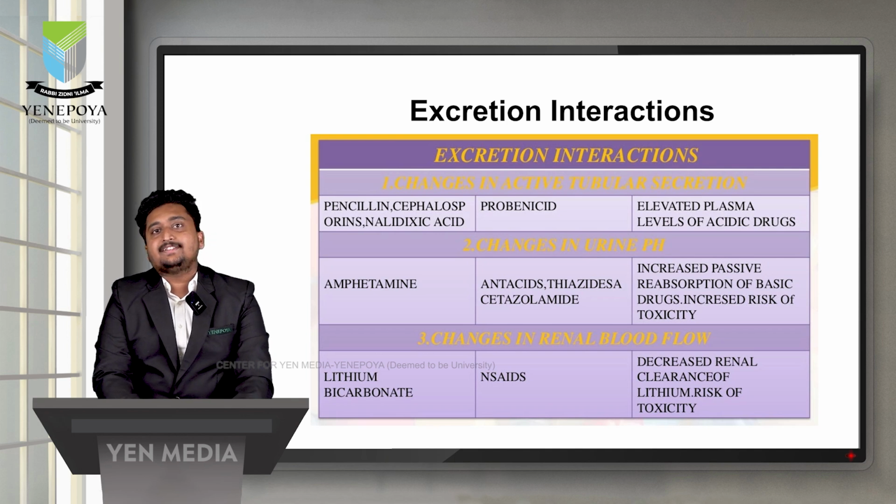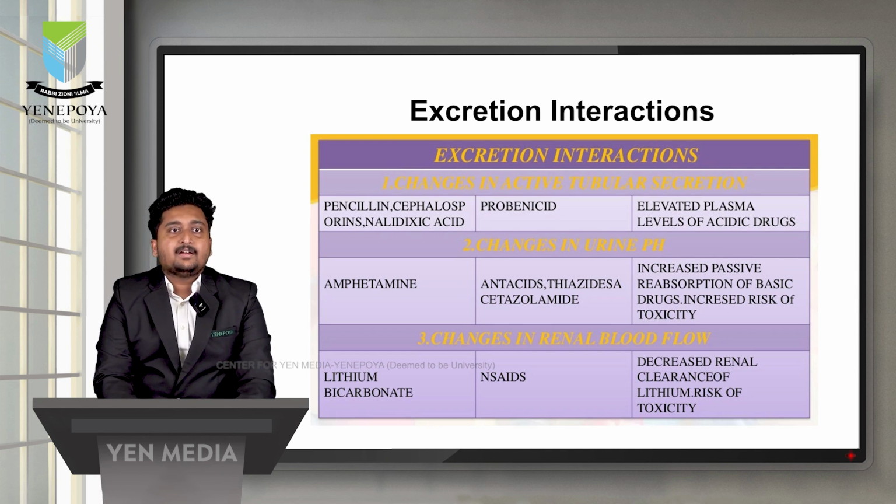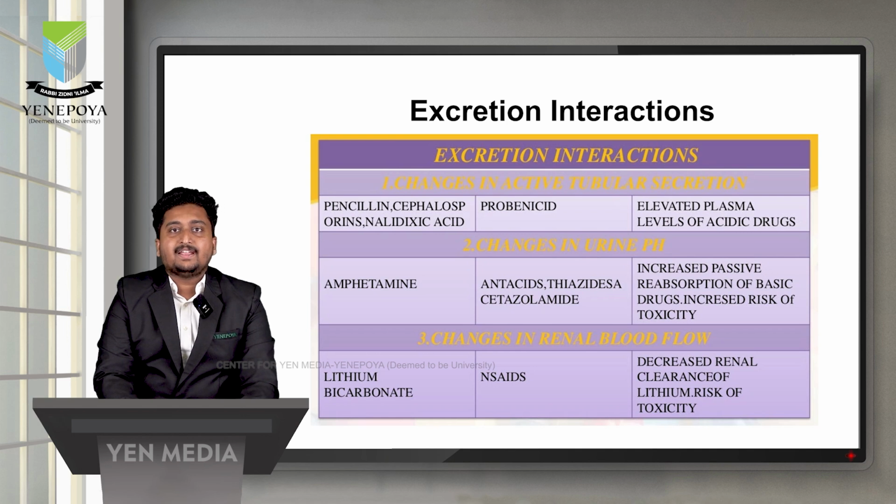And lastly, we have changes in the renal blood flow. For example, drugs like lithium with bicarbonate and NSAIDs can decrease the renal clearance of lithium. We know that every organ in our body needs a certain amount of blood for its usual physiological action, and that is true of the kidney as well.